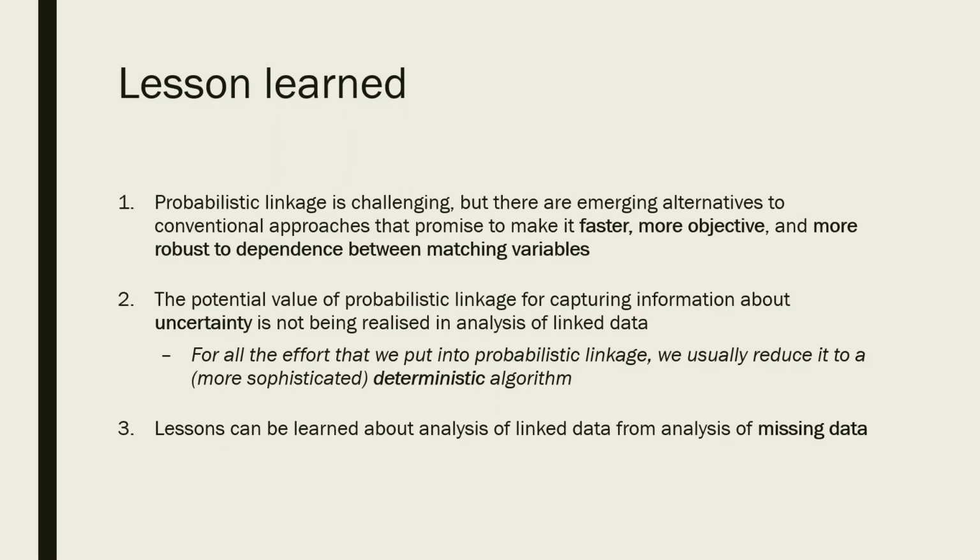I think about probabilistic linkage as being linkage that tries to get some handle on the uncertainty associated with a candidate link or a set of candidate links. So some idea of the match probability, or even if it's just a score that correlates with match probabilities.